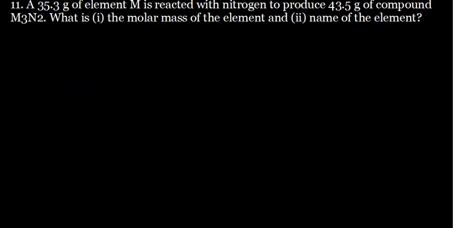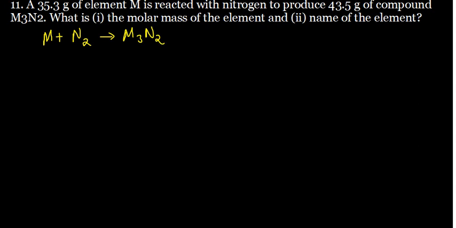Question 11. 35.3 grams of element M is reacted with nitrogen to produce 43.5 grams of compound M3N2. So what we have is M reacted with nitrogen to produce M3N2.